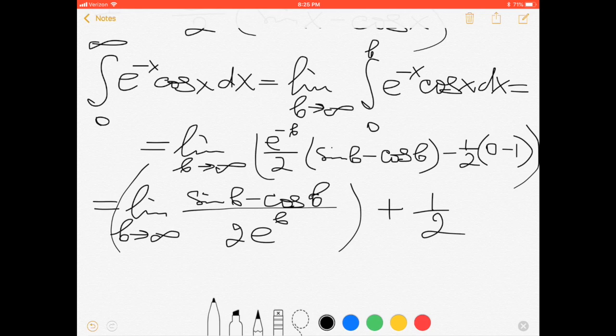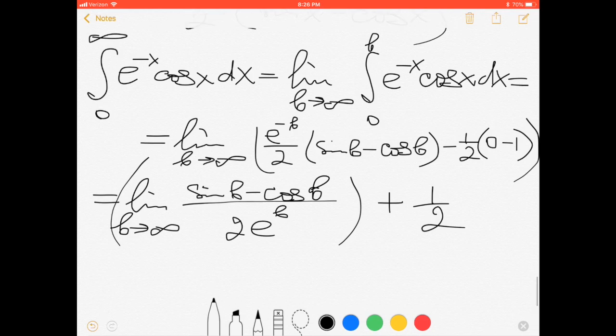We don't know what the limit of sine b or cosine b is as b approaches infinity. But we know their combination will always be less than 2 because sine b is at most 1 and cosine b is at most 1. This means the sum or difference is at most 2. We could prove something stronger, because they are never both 1 at the same time, but we don't need it; 2 is enough.